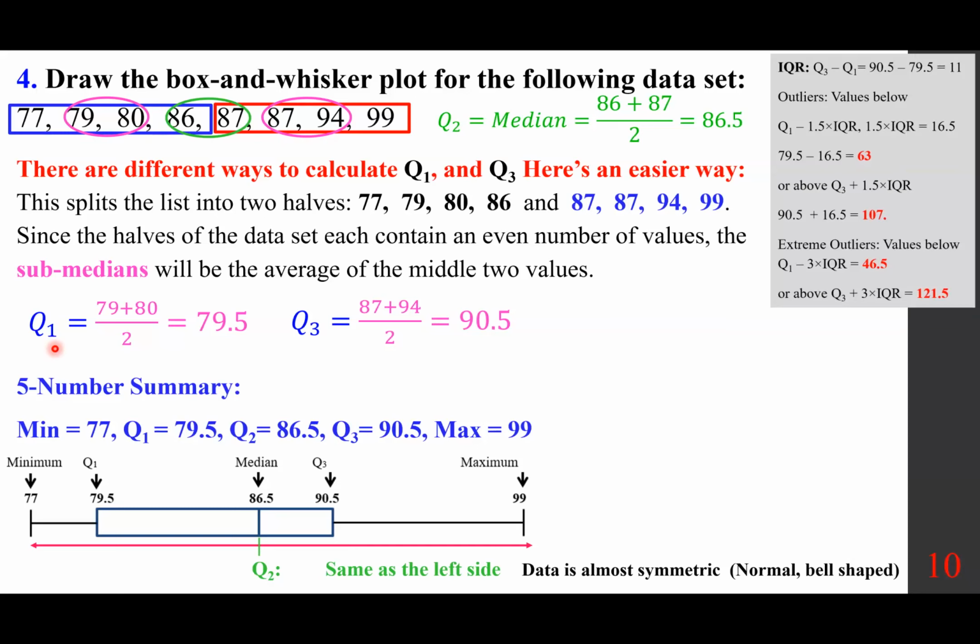If they ask for outliers, Q sub 3 minus Q sub 1 is 11. 90.5 minus 79.5. Again, they haven't asked for that. So Q sub 1 minus 1.5 times IQR, well, 1.5 of 11 is 16.5, so we get 63. And then Q sub 3 plus this number, we get 107.